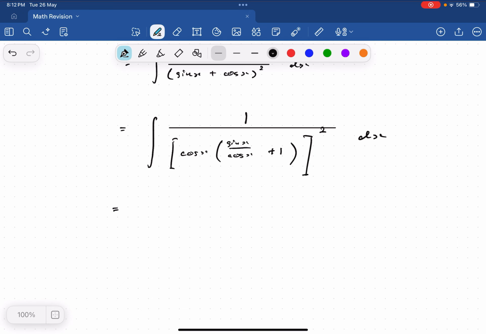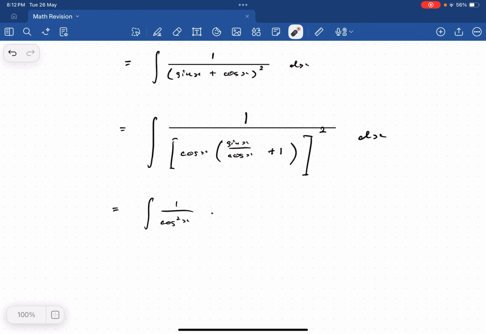So, if I have this, then I can actually split this up into a product, right? Because this is going to be 1 over cos squared x, times this one over here is tangent x plus 1, tangent x plus 1 squared.